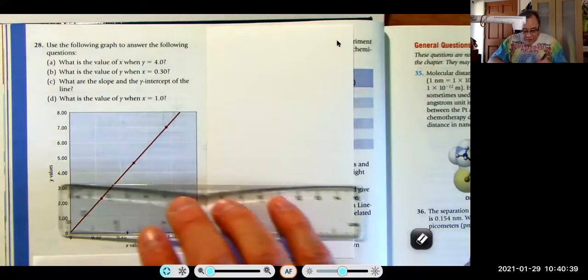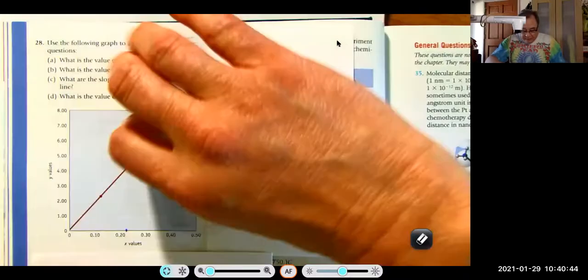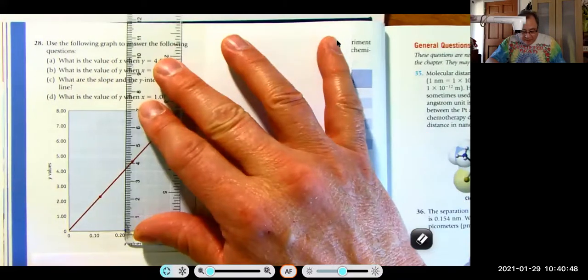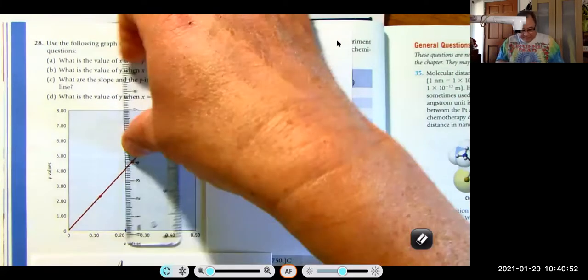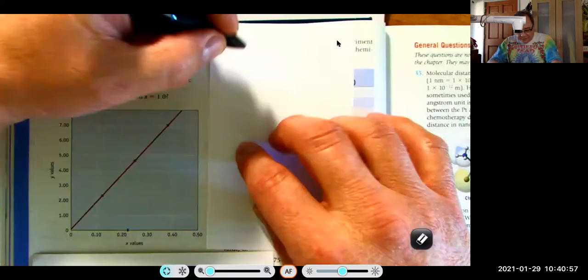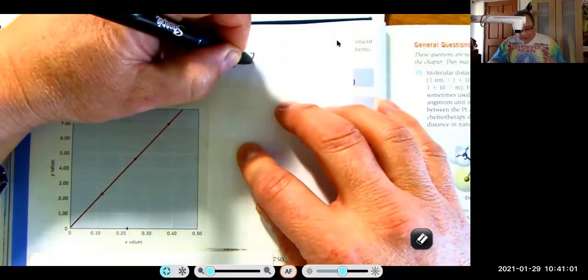It goes over to the graph, and then I'm going to go down from there. And you can see that when I line up my ruler, I get pretty close to where I wrote that little tick mark.